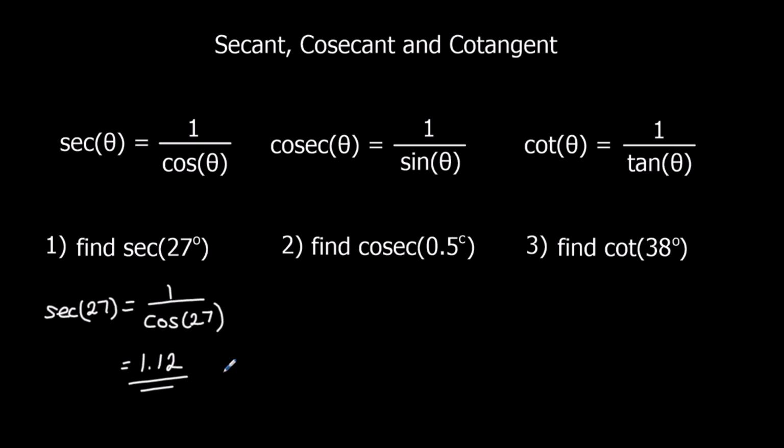Find cosec 0.5 radians, so switch back to radians. Cosec 0.5 is equal to 1 over sine 0.5. And that's 2.09 to 3 significant figures.